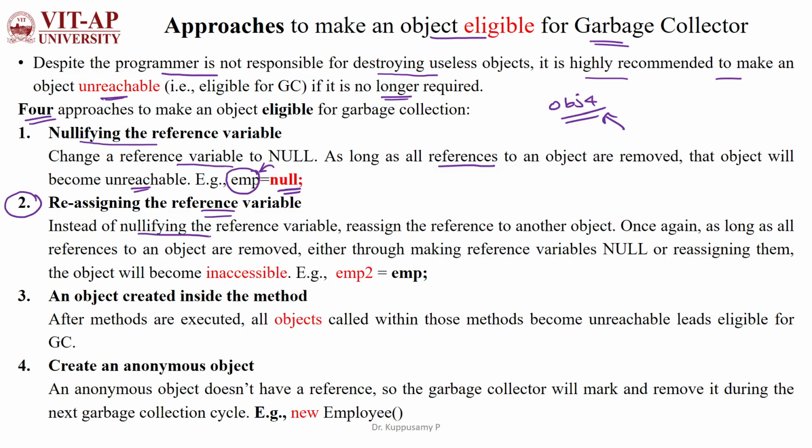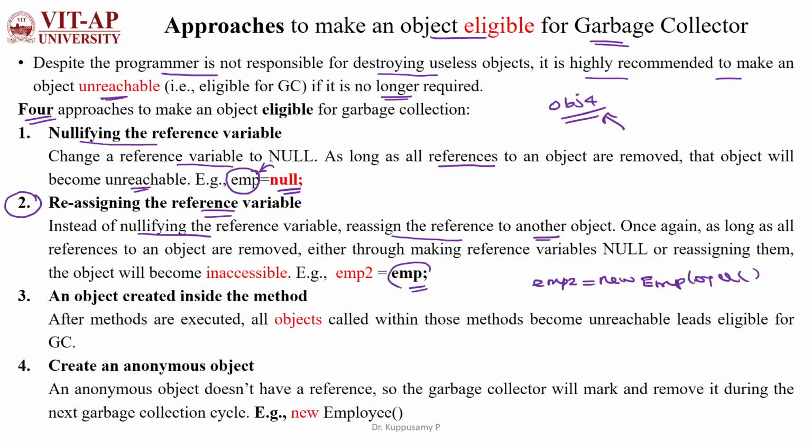Instead of nullifying the reference variable, we can reassign the reference to another object. For example, we have defined emp as an object of the Employee class, and we create one more object using the Employee class. So we have created two objects.